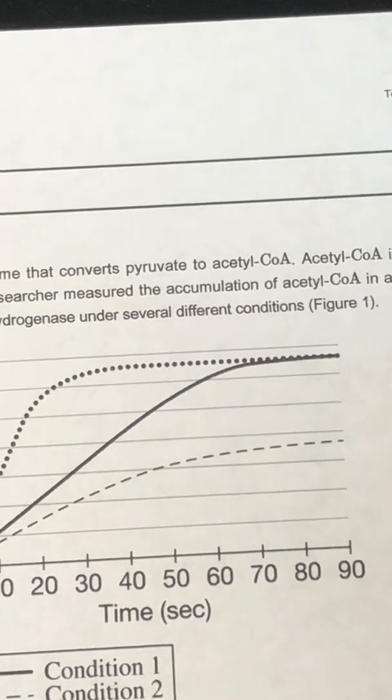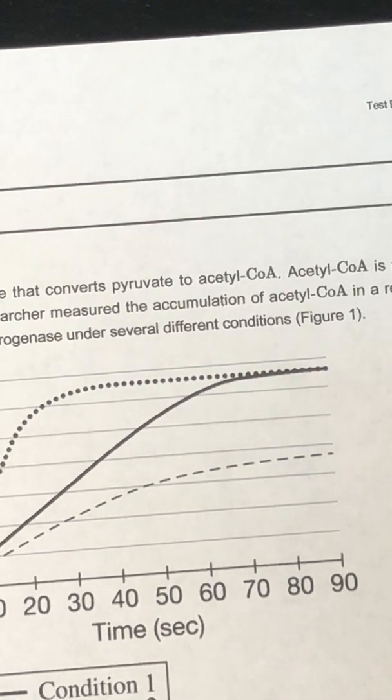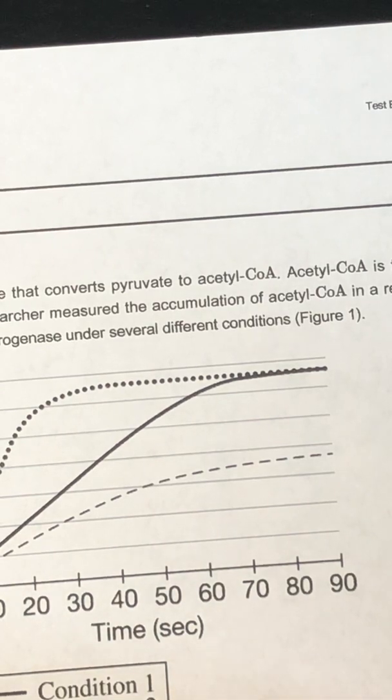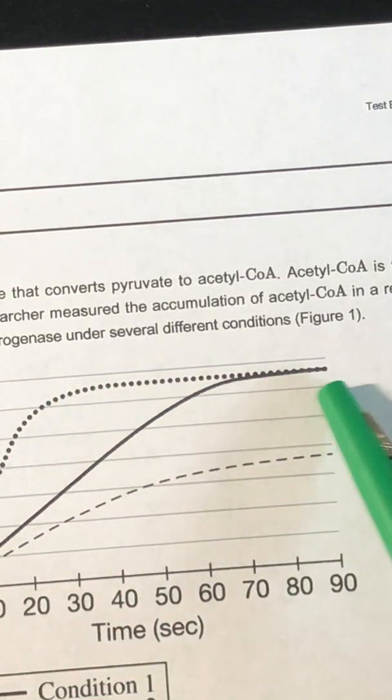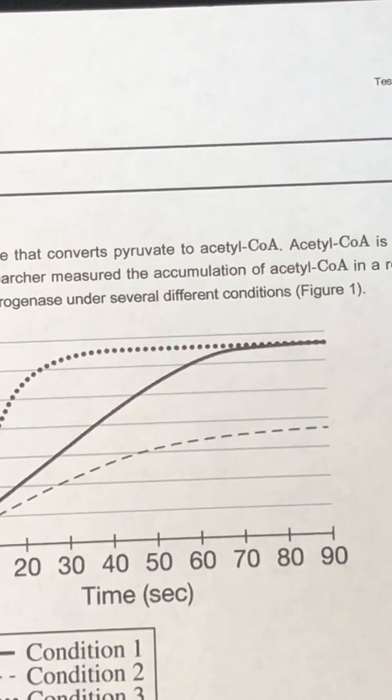All right, number 3. The question they gave you, they have 3 different conditions. They have time, they have how much acetyl-CoA is present, and eventually on all 3 lines things level off. But the question is just a graph question.